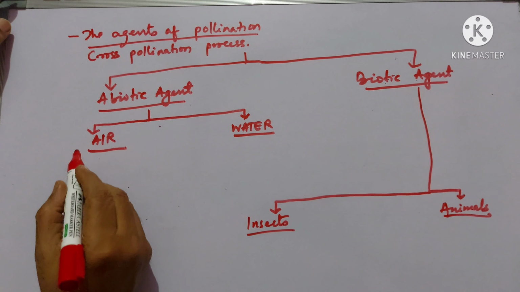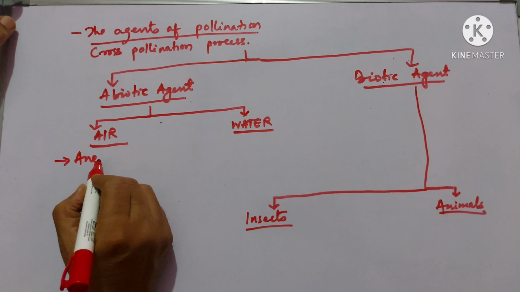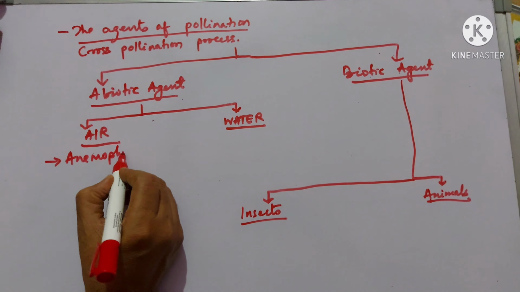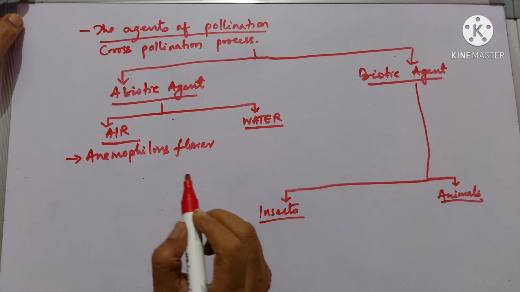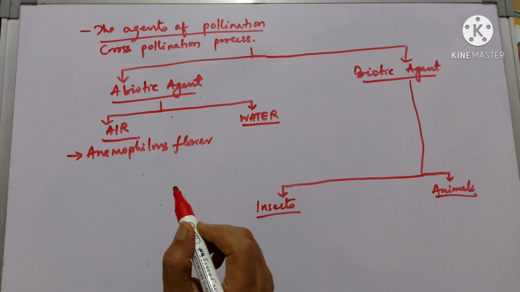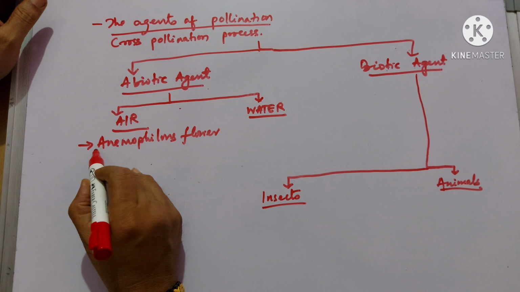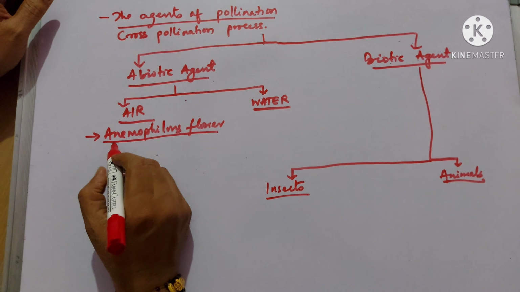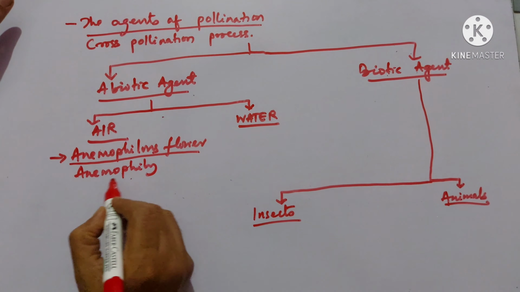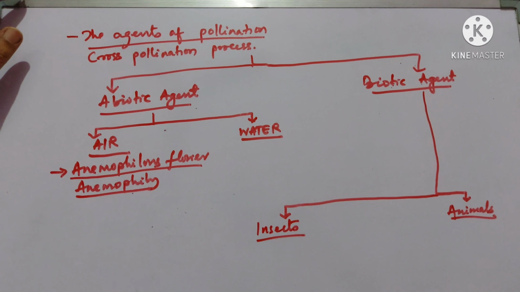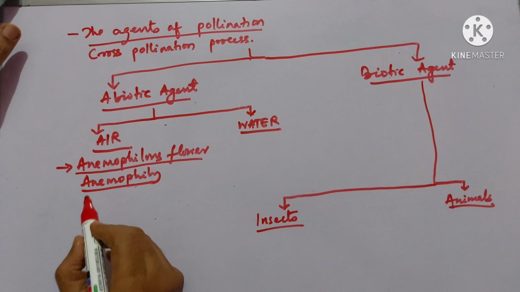Air pollinated flowers are called anemophilous flowers, because you know that the anemometer is the device used to measure the speed of air. So anemophilous flower or anemophily. In air pollinated flowers, the flowers are modified into very interesting structures.